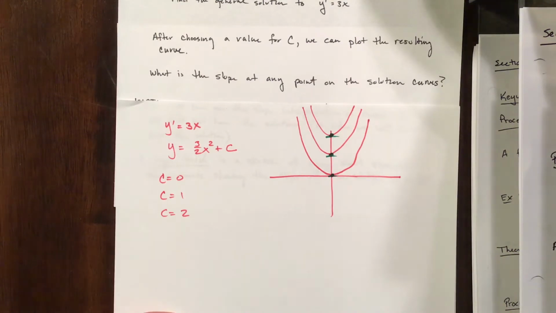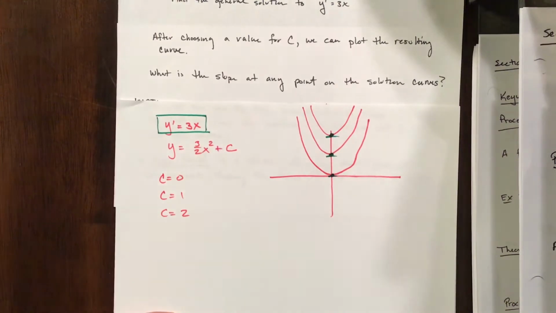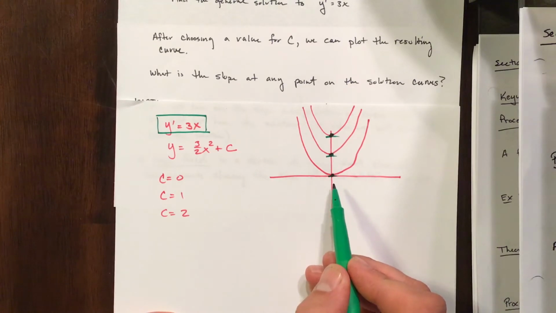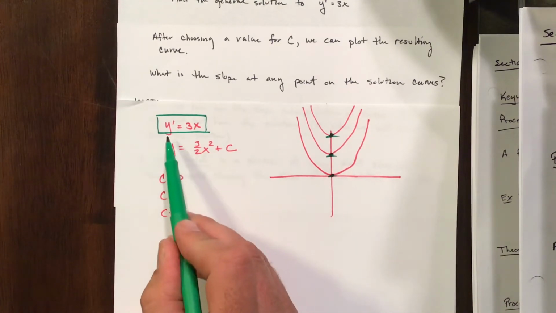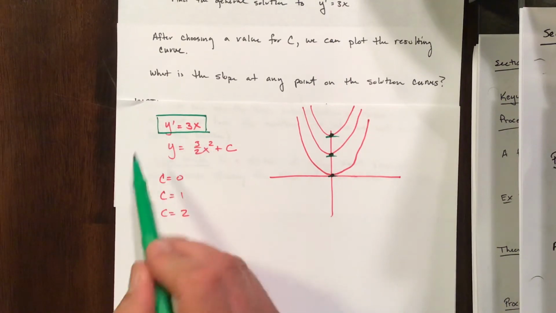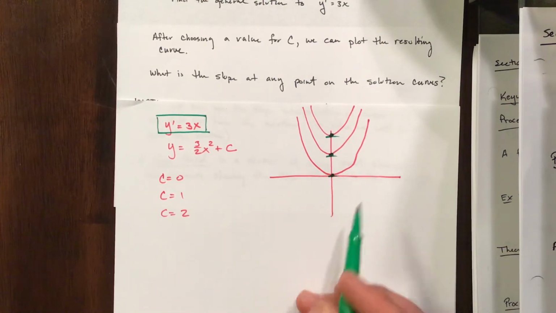It's because the differential equation says it's 0. Because the x-coordinate of all these values is 0. The y-coordinate is different, but the x-coordinate is 0. And the differential equation says take your x-coordinate and multiply it by 3, and that's the slope of the solution curve at that point. So because x is 0, y prime is 0 at all of these.